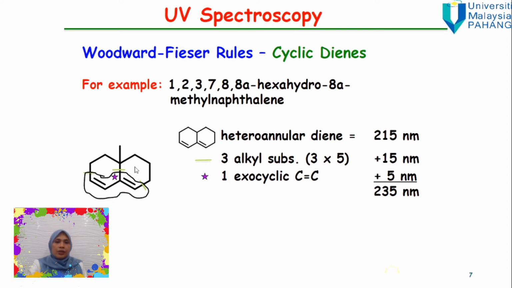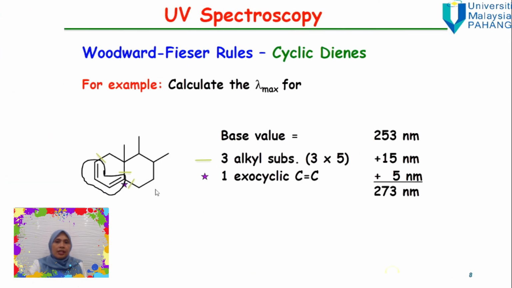Next, close this other ring with your hand and see around, is there a double bond at each side? No, there is no double bond, so only one exocyclic is present. So the total is 235 for this structure.